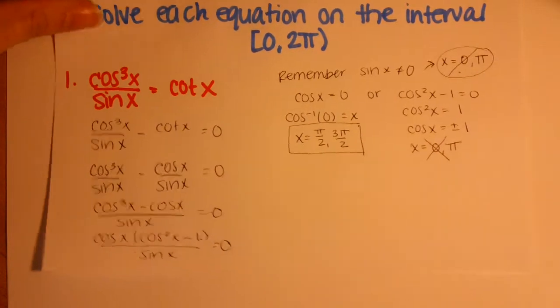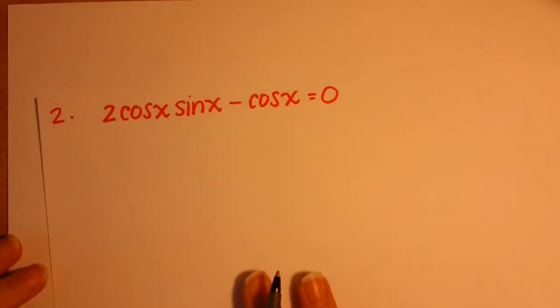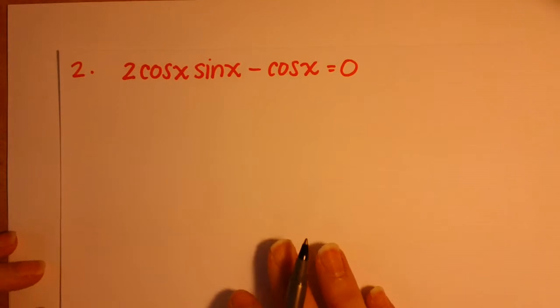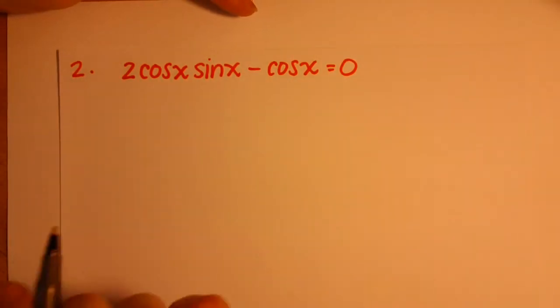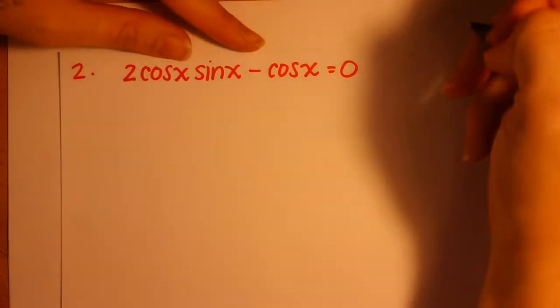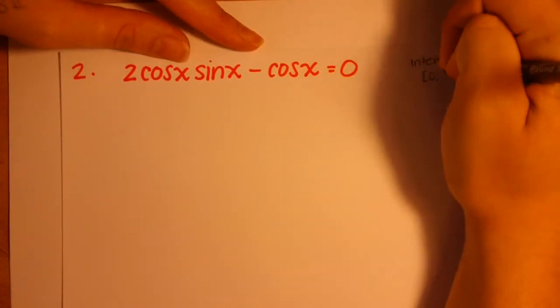Alright, so let's try another example. So here we have 2 cosine x sine x minus cosine x equals 0. Again, our interval was 0 to 2 pi.